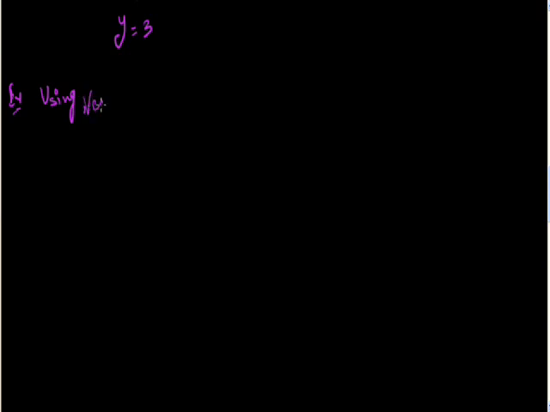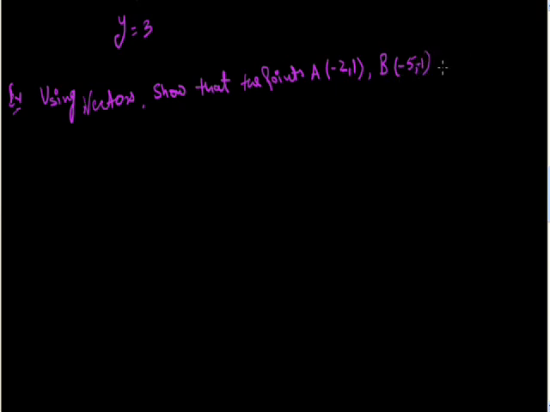Now let's take the next example. Using vectors, show that the points A(minus 2, 1), B(minus 5, minus 1) and C(1, 3) are collinear. Now the solution: first, find the AB vector.